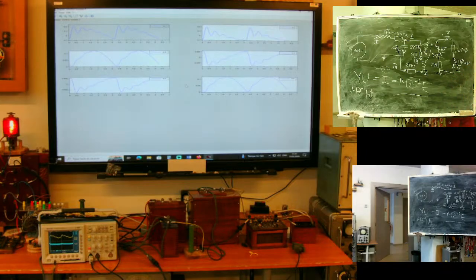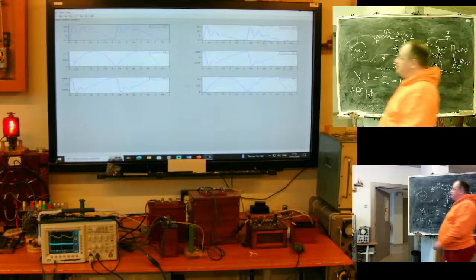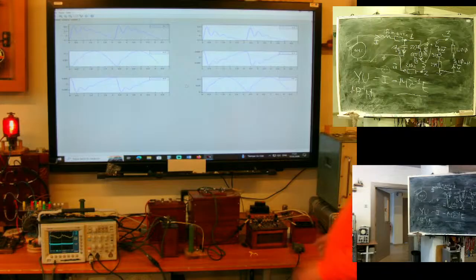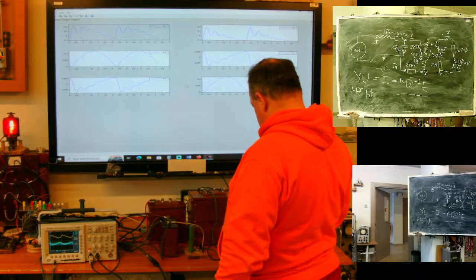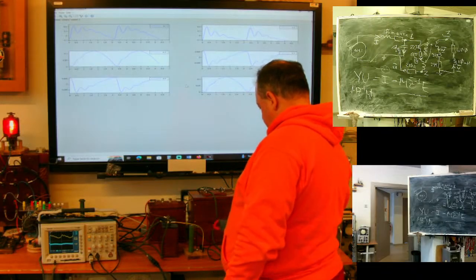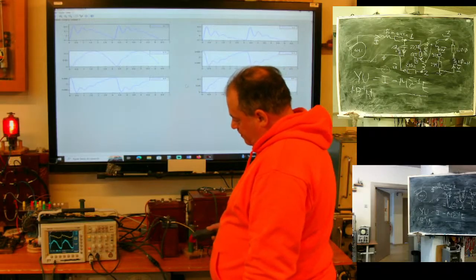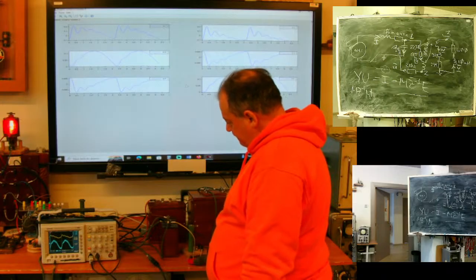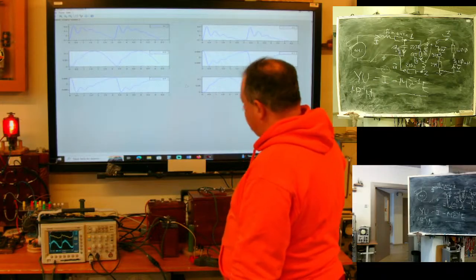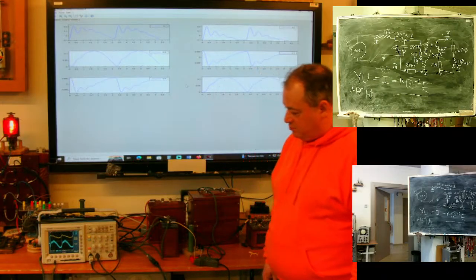Great color. I'm below sensor. Branch 6. Like this. Current in branch 6.